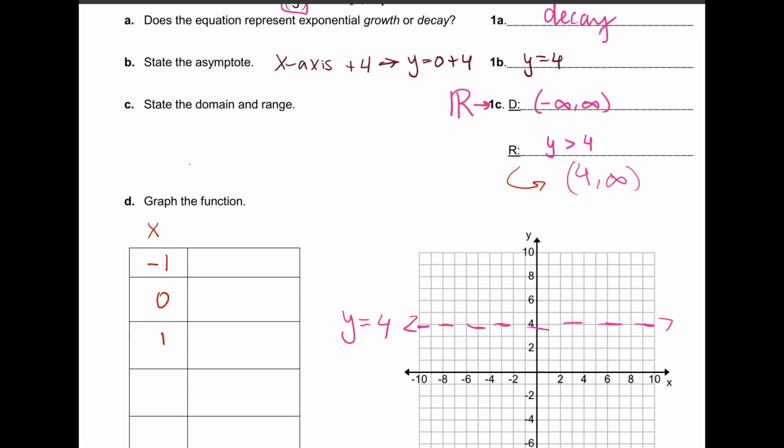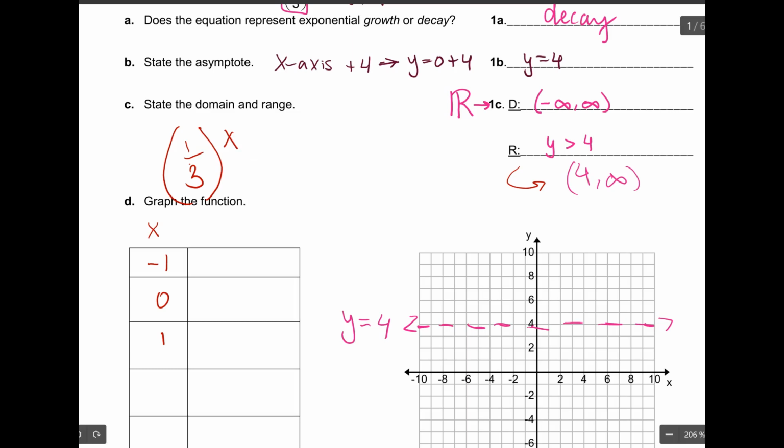I'm picking numbers where the exponent will be small. Not necessarily small numbers, I want the exponent to be small. If my exponent was x plus 4, what number could I plug in that would make my exponent 0? Negative 4, right. So all my numbers would be clustered around negative 4.